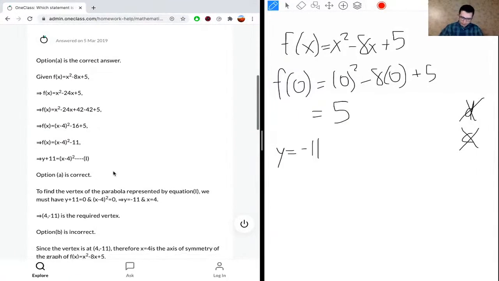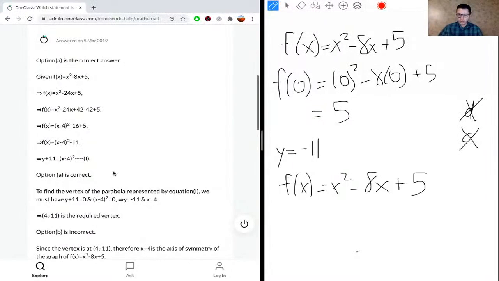So here we can do the following. We can take f of x equals x squared minus 8x plus 5.